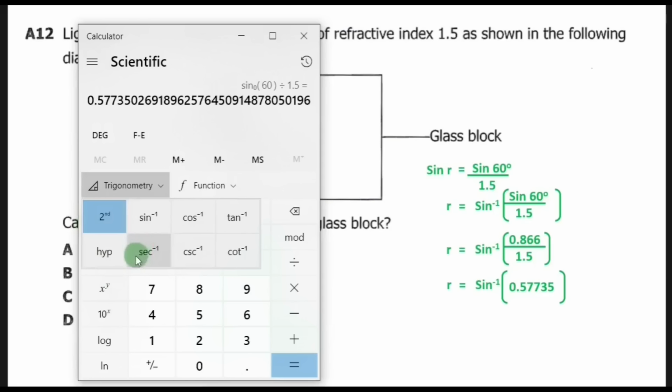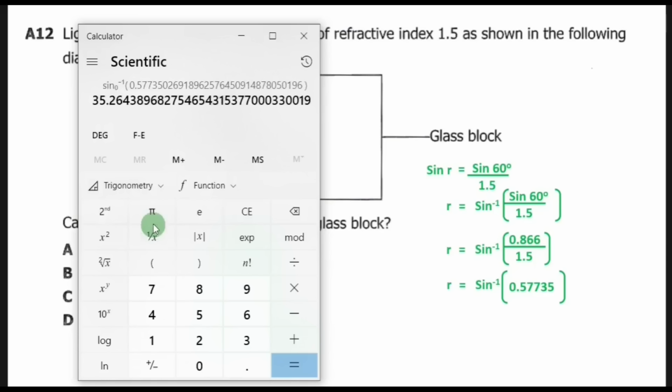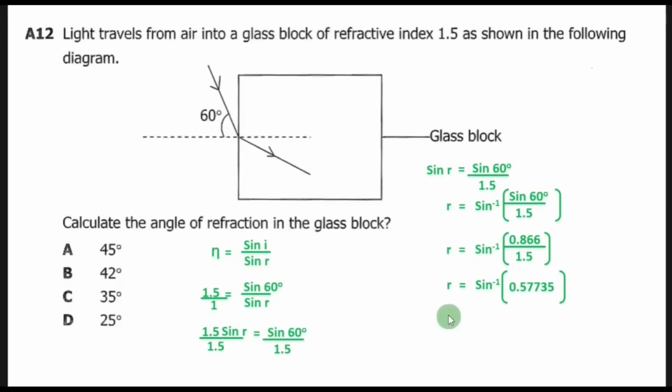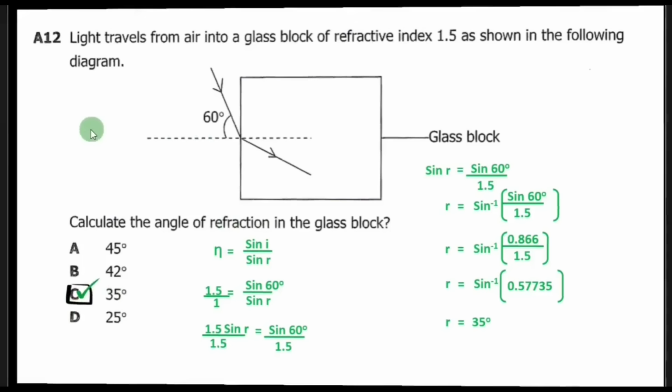Then I press sine inverse, and my answer becomes 35.26, which I gave as r equal to 35. When you check the options, we have 35 degrees, which means this is the angle of refraction. All right, so let's go to A13.